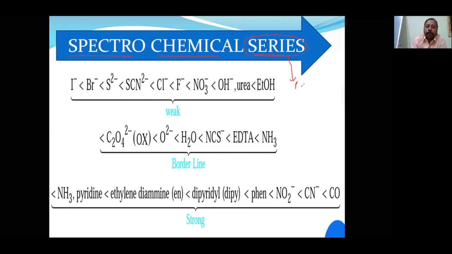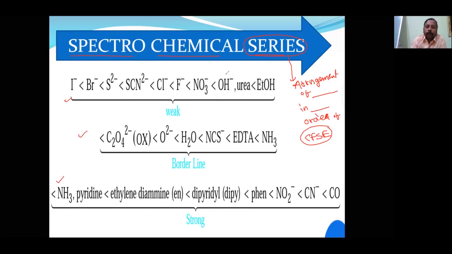Spectrochemical series is an arrangement of dash in dash order of CFSC. What is the CFSC? For the time being, leave this. We will come to know in the crystal field theory. Up to now, with a glance over this, you should be able to fill these blanks.